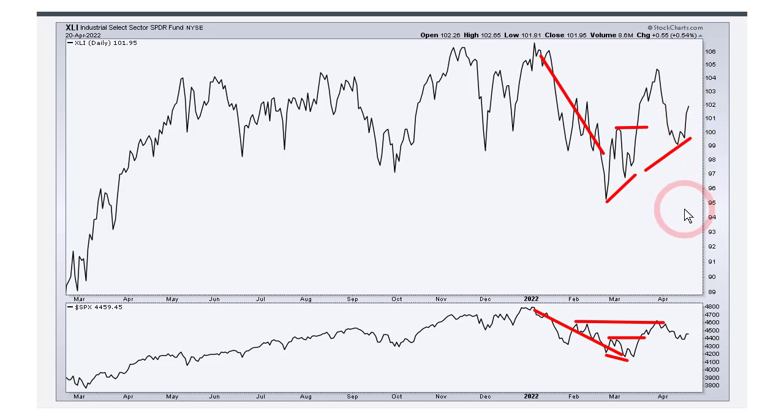You can see that really easily when you're looking at line charts, when you don't have a lot of clutter, and you have the benchmark index chart just below it. So it looks like XLI is showing some relative strength and getting a surge breakout. You had this big decline, and now we've got a breakout of that. You can draw a little resistance line here to see that breakout. So maybe XLI is going to challenge its prior highs.